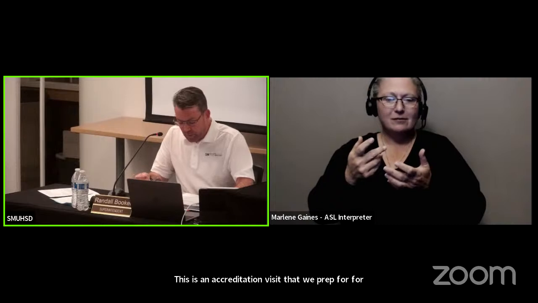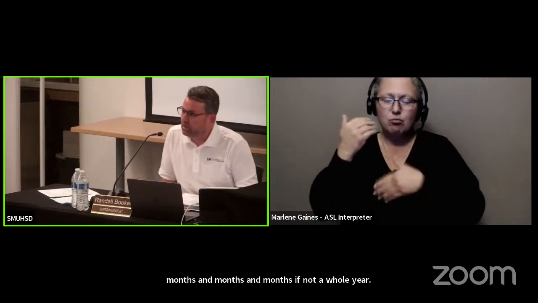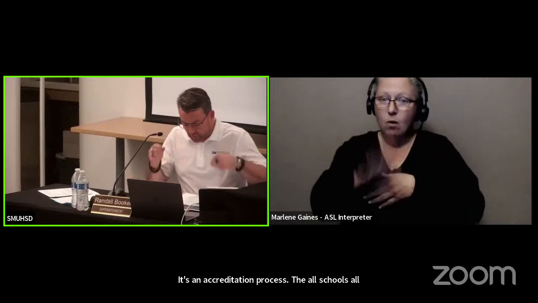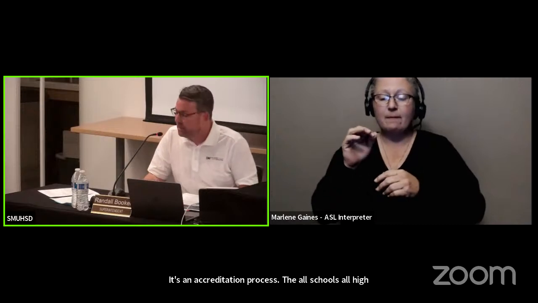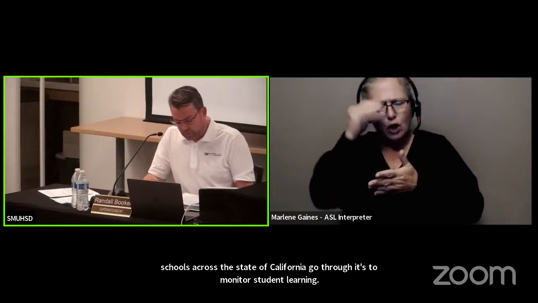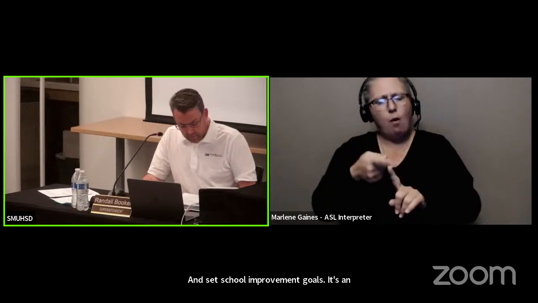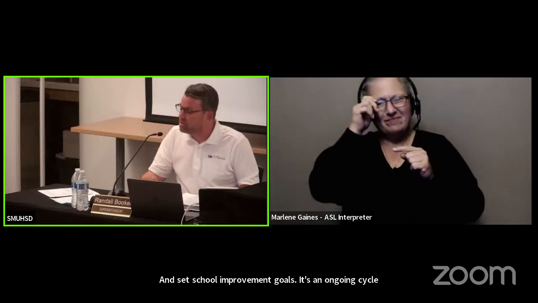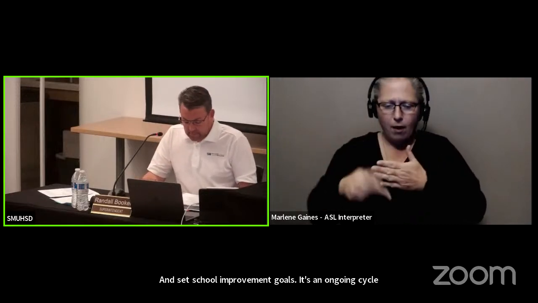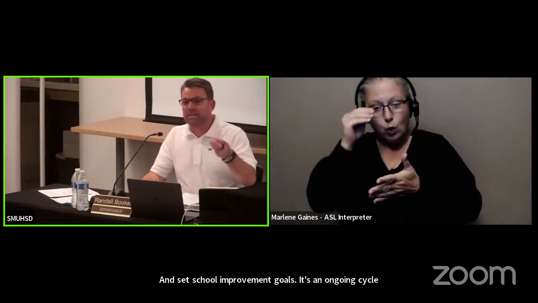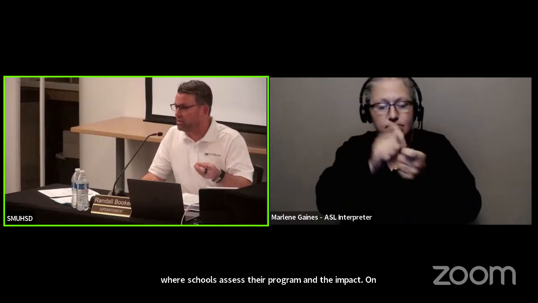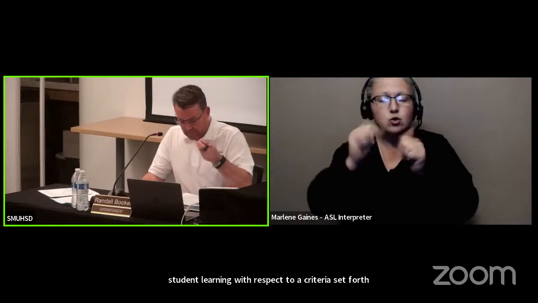It's an accreditation process that all high schools across the state of California go through. It's to monitor student learning and set school improvement goals. It's an ongoing cycle where schools assess their program and the impact on student learning with respect to a criteria set forth by the Western Association of Schools and Colleges. That's the acronym for WASC, and other accreditation factors.